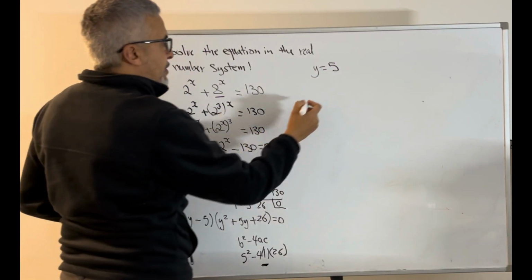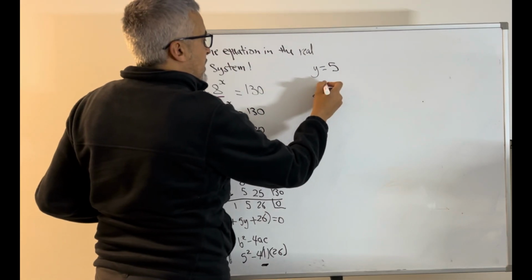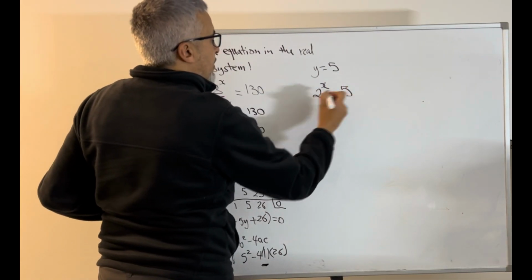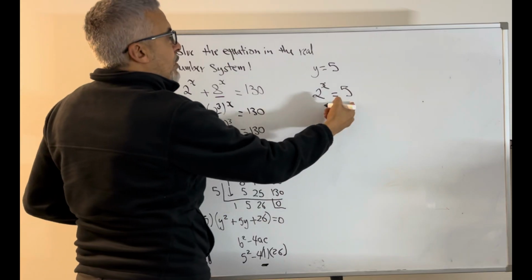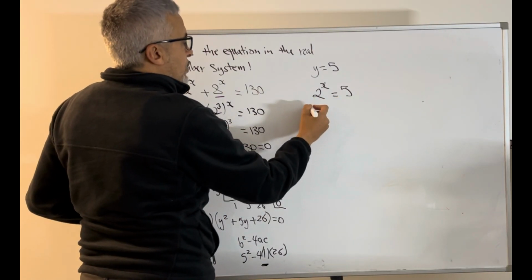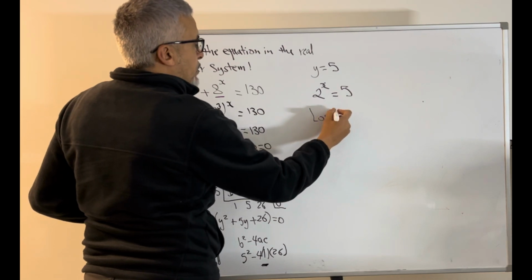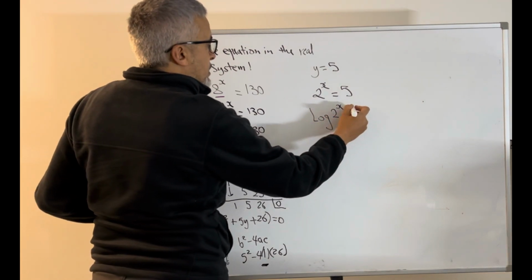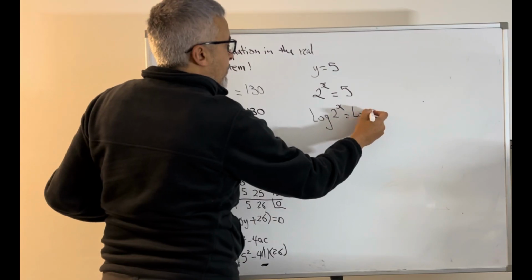And now from here we know y equals 5, and since y is 2 to the power of x, so now we know 2 to the power of x equals 5. To solve for x right now, we have to log both sides. So log 2 to the power of x equals log 5.